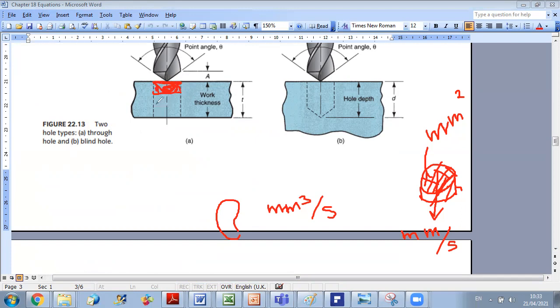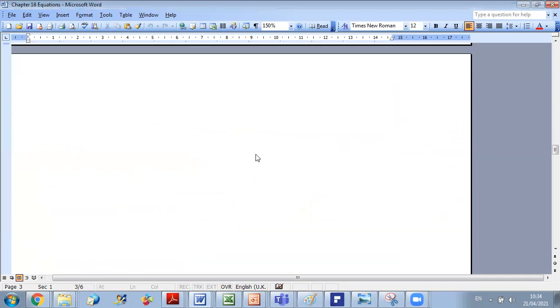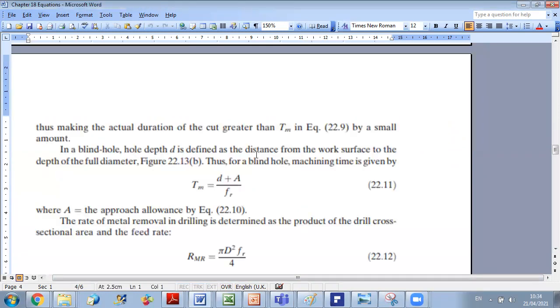At the end, when we find the total removed volume, it is of cylindrical shape. Okay, so in total we can assess it as pi d square over 4 times the feeding rate of the drill. Okay, so this is for the drilling operation.